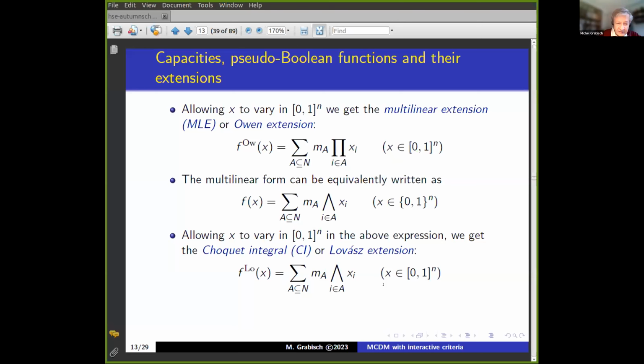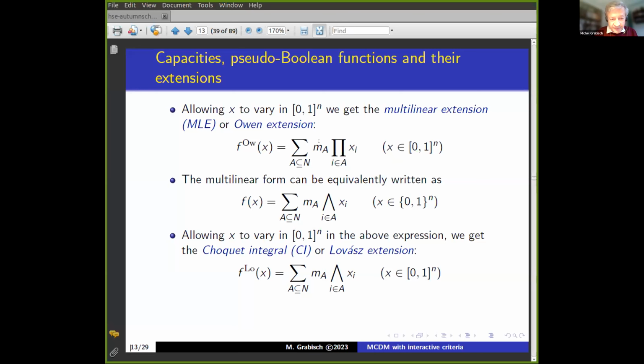It happens that this extension is nothing else than the Choquet integral. It was also rediscovered by Lovász in combinatorial optimization, and this is why it's called the Lovász extension.